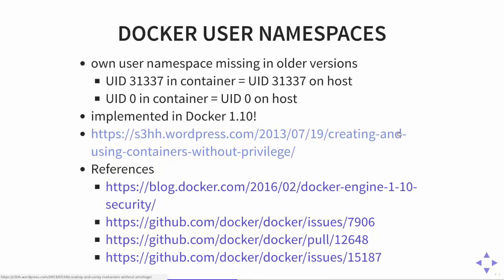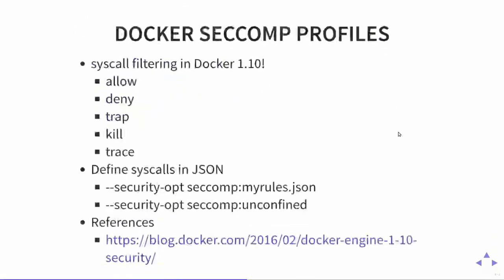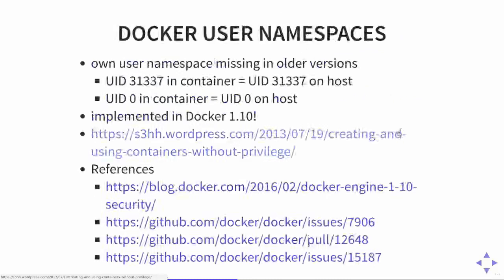That means it's much harder to escape from this container than usual, right? It's typical user namespaces. This is something you want to turn on if it's not turned on by default.